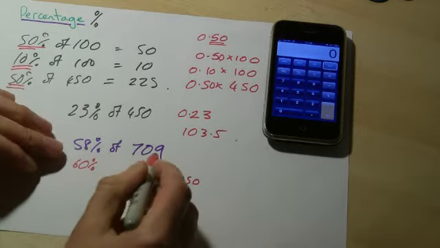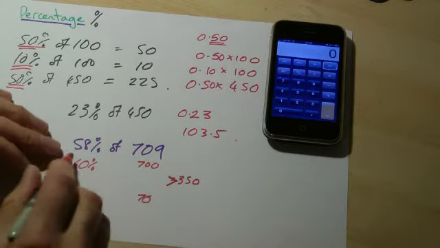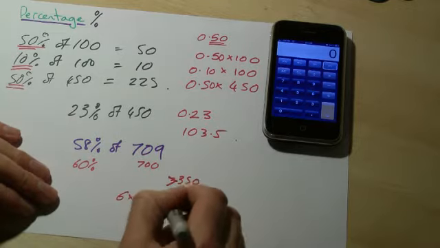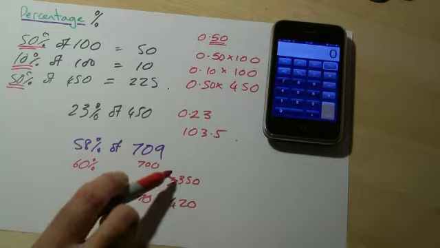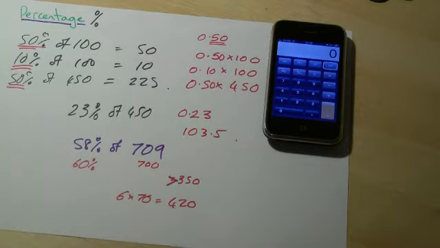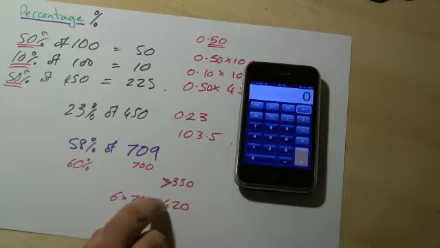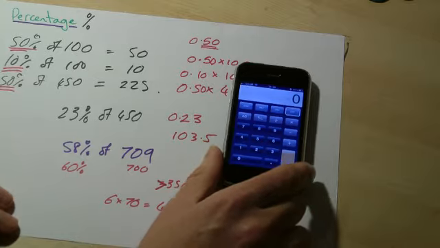I could work out what 10% of 700 would be. It would be 70. 10% of 700 is 70. 6 times that, 60%, would be 420. So I already know before I've done my calculation, I'm expecting this value to be between 350 to 420. I would guess it's going to be a bit close to this, so maybe it's going to be 400 and 405, somewhere around that.